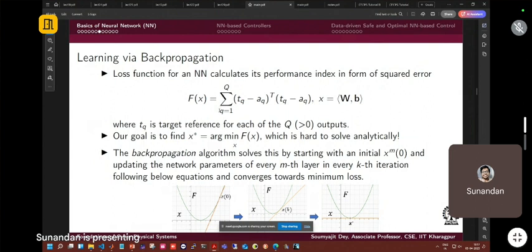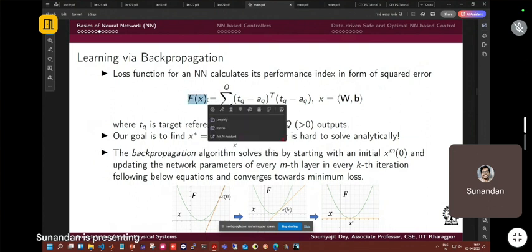Remember that we started with R inputs and Q is the number of outputs. We compare each of the outputs from the last set of perceptrons with the target reference output, finding a squared distance between them.